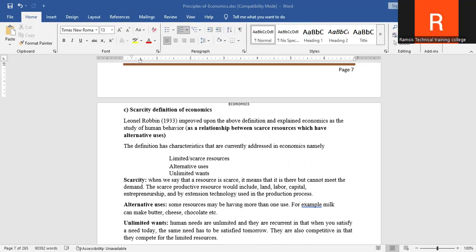Things like radio, education, watches, and vehicles are not very basic. They are meant for an individual to be happy, to be comfortable. So basically, it's like a luxurious life.